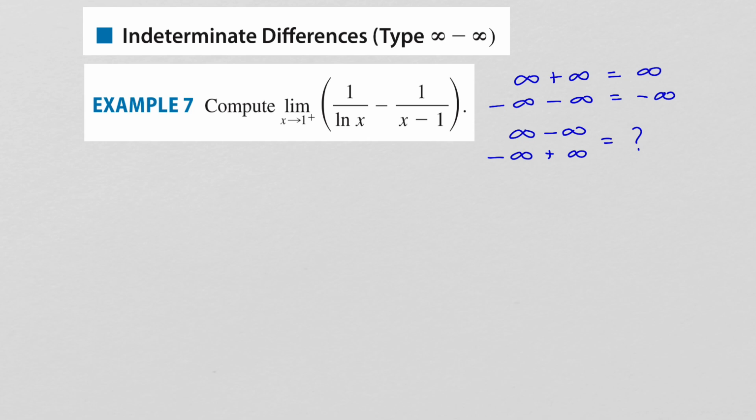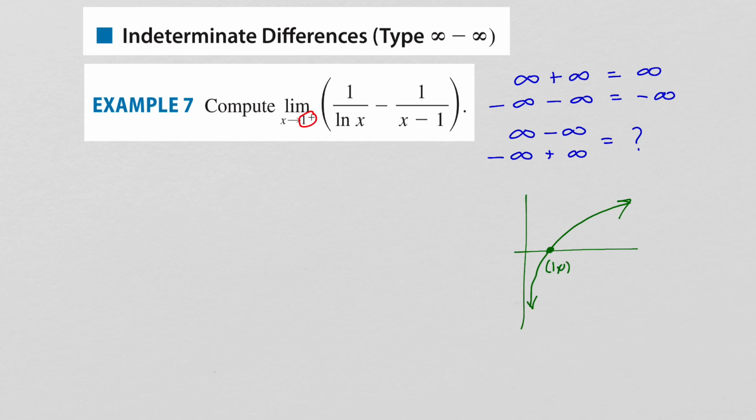So let's consider the following example here. We have the limit as x approaches 1 from the right of 1 over the natural log of x, minus 1 over x minus 1. So as x goes to 1 from the right, let's think about what is happening to the natural log. Again, the natural log graph looks like this, and here is the point (1, 0).